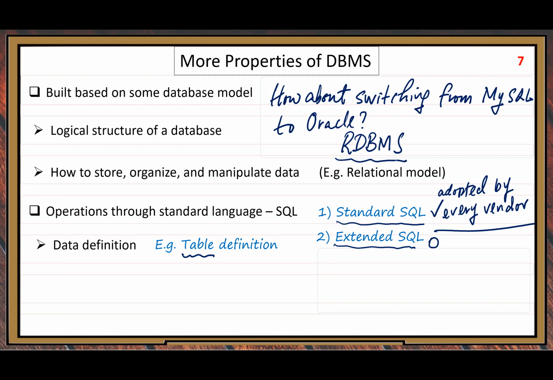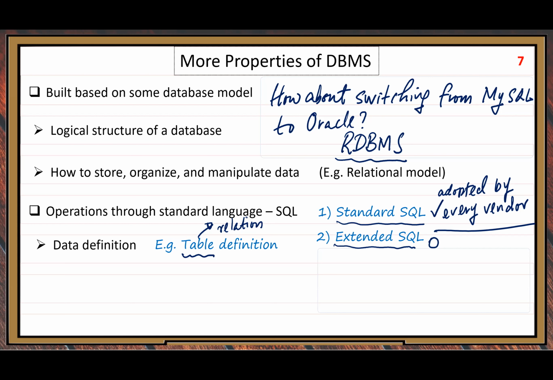But in the relational model, one table is called one relation. The formal name of a table is relation.